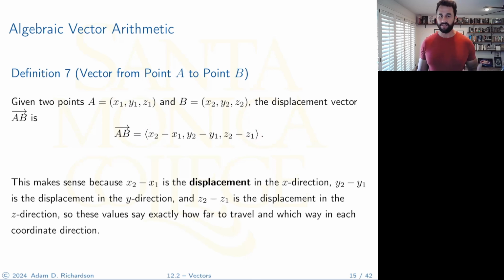The reason this is called the displacement vector is because x2 minus x1 is literally the displacement in the x direction, y2 minus y1 is the displacement in the y direction, and z2 minus z1 is the displacement in the z direction. In essence, these tell you how far to go and in which direction along the coordinate axes.